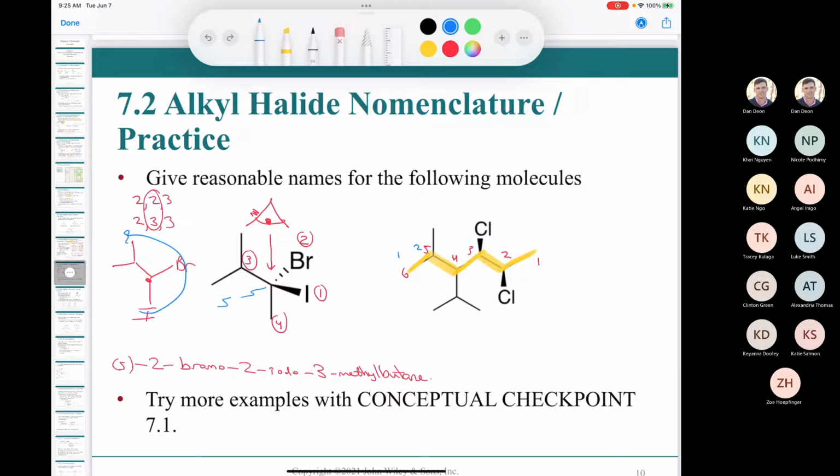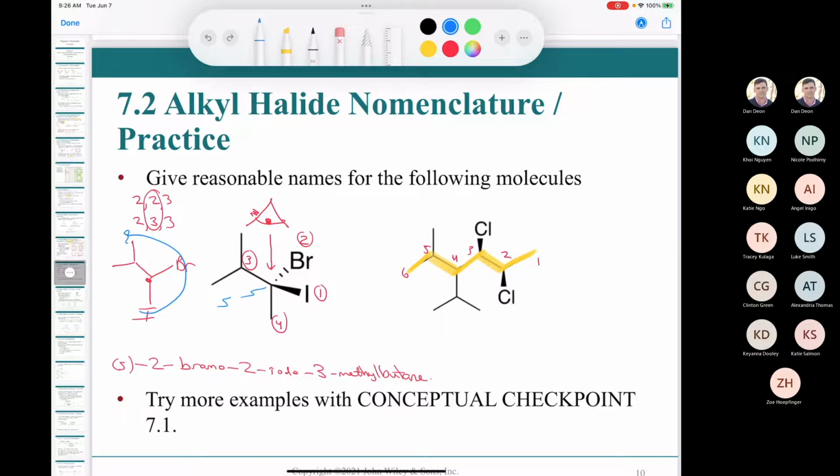And the way you've numbered it in red, I have substituents at 2, 3, 4, and 5. Well, if you end up with a tie like that, what do you use to solve it? You'd go with alphabetical order. So if you have a 2-methyl versus a 2-chloro, chloro is going to come first because C comes before M in the alphabet. So we've got a 2,3-dichloro, 4-isopropyl, 5-methyl hexane. So I'm going to scribble that down.